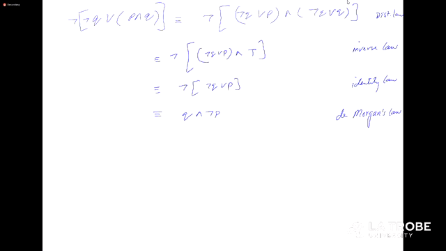So I got this as an answer, Q and not P. Anyone got the same answer? 1, 2, 3, 4. Fantastic. It's promising to me that I might be correct. So this is the same as to say not P and Q using the commutative property. Commutative law. So if your answer is not P and Q, that's also correct, I think.